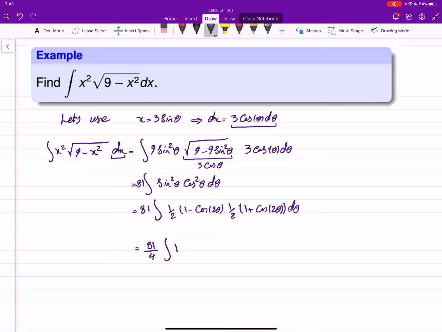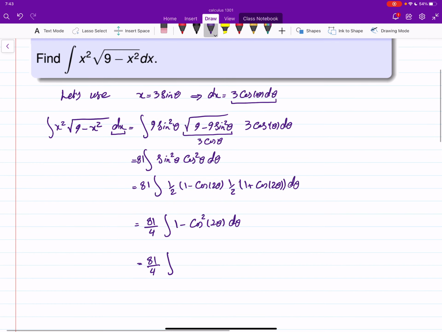This will give me 1 minus cosine squared 2 theta. So we have even powers again. We can apply the half angle formula another time. This time we will get 1 plus cosine of double the angle, which will be 4 theta.